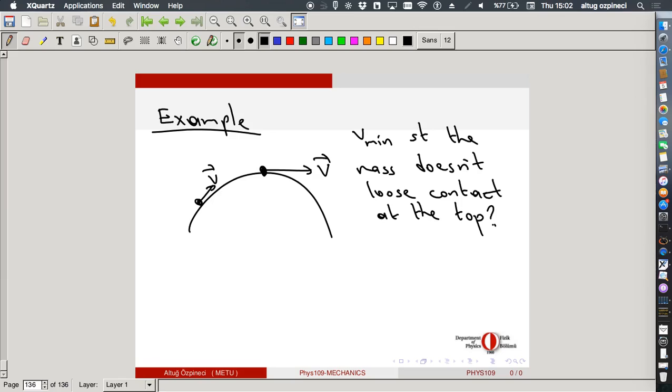What is it? Yes, the maximum. If your speed is larger than that, you will lose contact. The problem is in fact identical. Even the solution is identical.